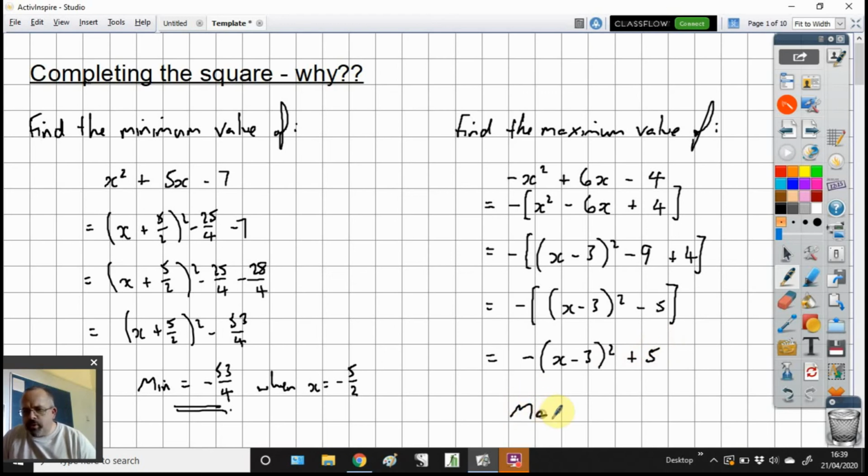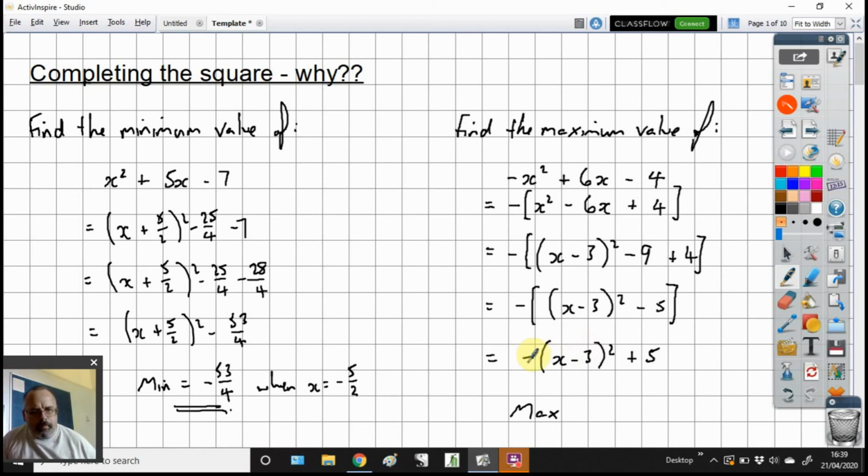Now the question was, find the maximum value of this expression. The reasoning is similar to what we said over here. (x - 3) all squared. The smallest (x - 3) all squared can be is 0. But then it's being multiplied by a negative. So if this bracket squared was 4, it will then be turned into a negative 4.